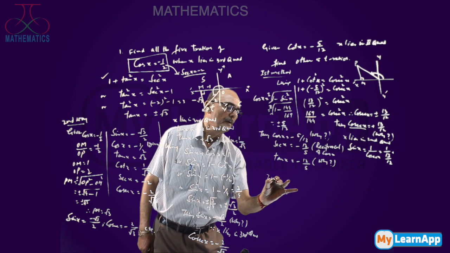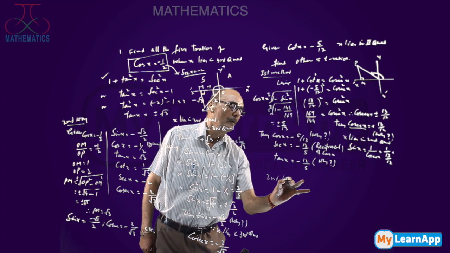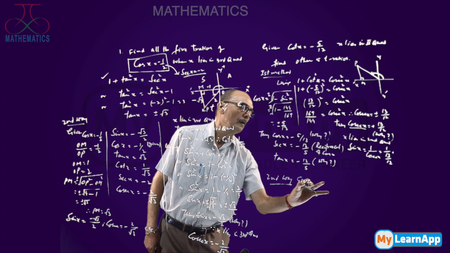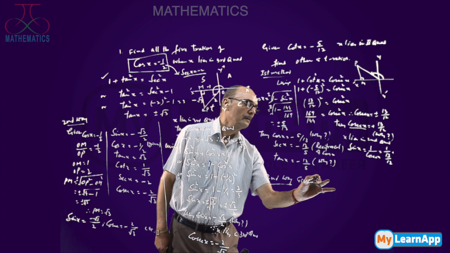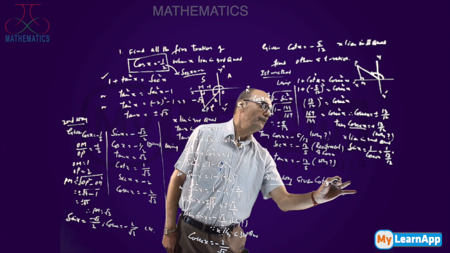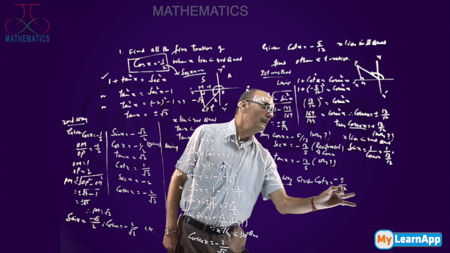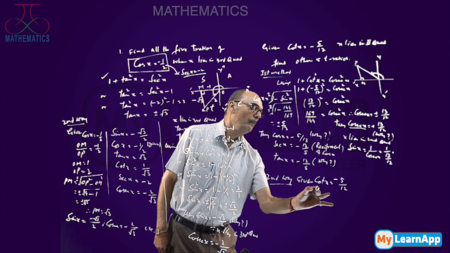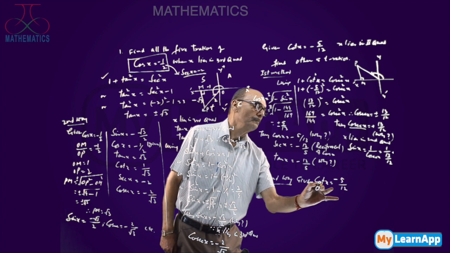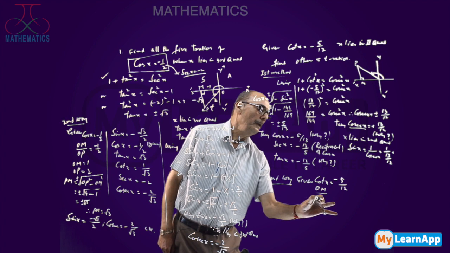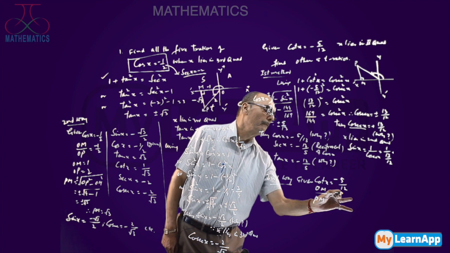Second way: given cot x equal to minus 5 by 12, base OM upon PM is 5 by 12.